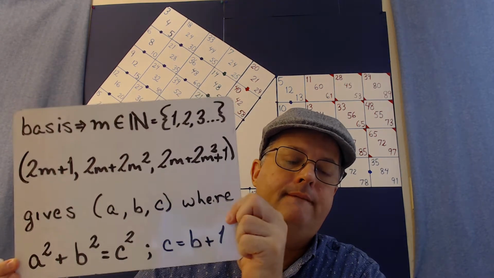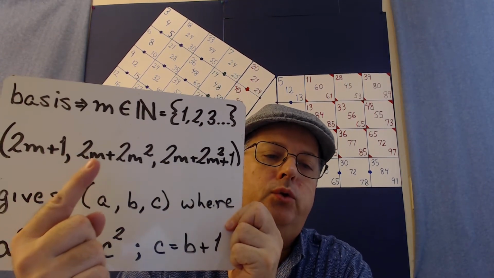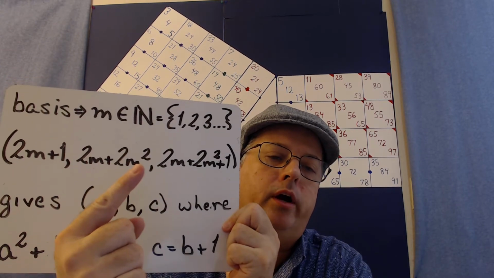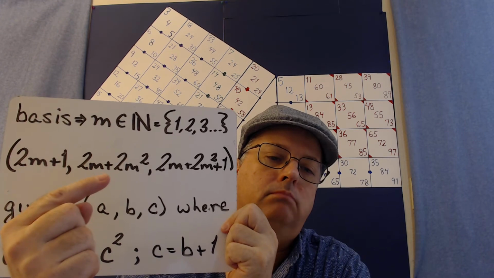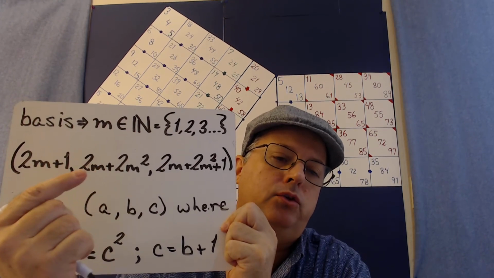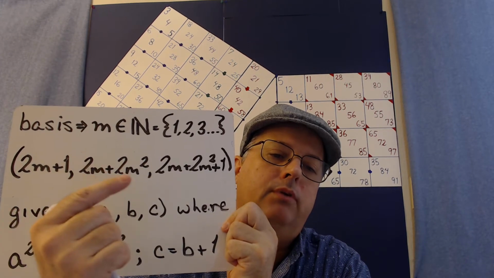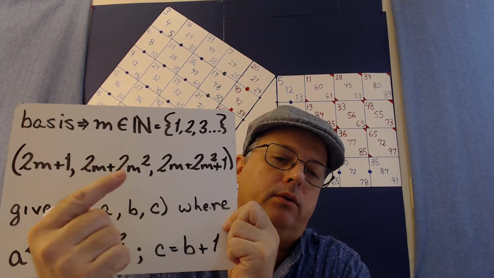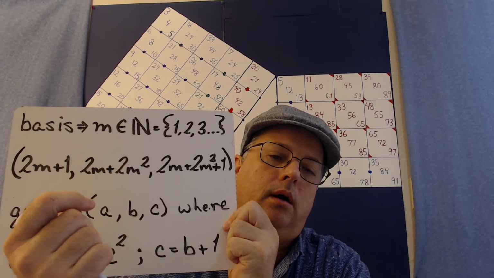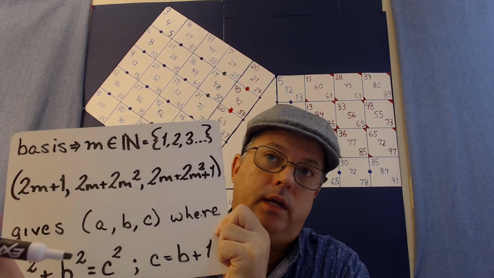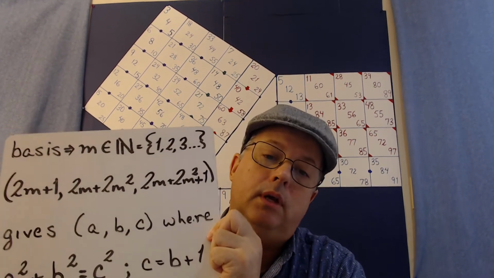And now you will notice that 2m plus 2m squared, well, that's going to be an even number. You've got 2m, and anytime you multiply by 2, you get an even number, and anytime you add an even number and an even number together, you get another even number, like 2m squared. An even plus an even, say 6 plus 8 is 14, you get another even number.